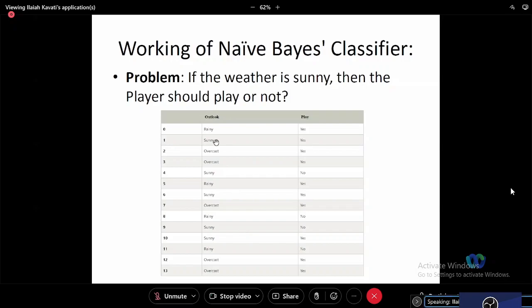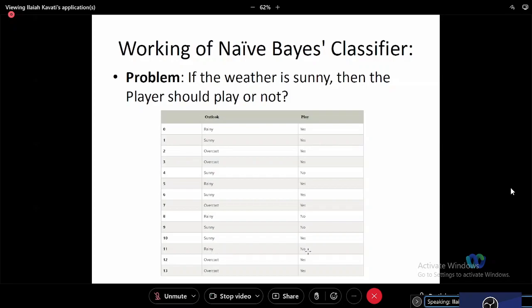Suppose it is rainy. In the first situation, play was there, and in some other rainy situation, play is there too. But in the third occurrence of rainy, the eighth instance, play was not there. In the fourth instance, the 11th record, if there is rainy, there is no play.